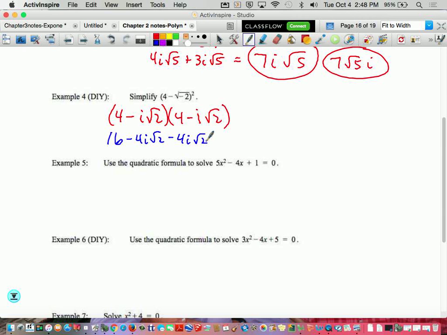And then when you take the negative i root 2 times the negative i root 2, you get positive i squared times 2. Again, i squared is negative 1. So what you have is 16 minus 2, which is 14. And then negative 4i root 2 and negative 4i root 2 is negative 8 root 2i for a good final answer.